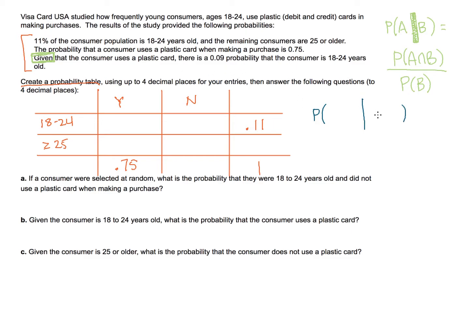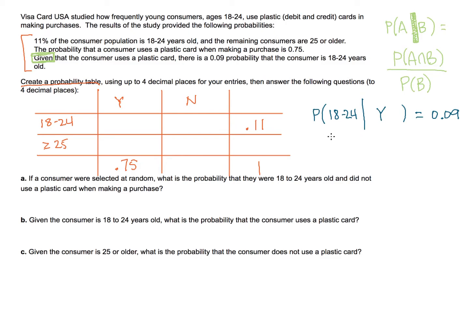Given that they use a plastic card, so given, yes, they use a plastic card. There's a 0.09 probability, oh, that's telling me what this equals, that the consumer is 18 to 24 years old. So this is my A. So 18 to 24, given, yes.